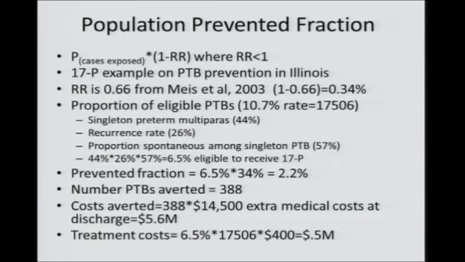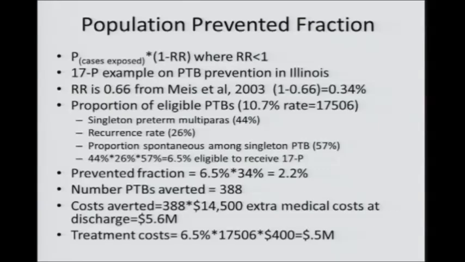So when you multiply all those factors, that's 6.5% of preterm cases that were eligible to receive 17P, or 6.5% of the population, actually. So multiplying that by the effectiveness rate, you could prevent 2.2% of those preterm births.